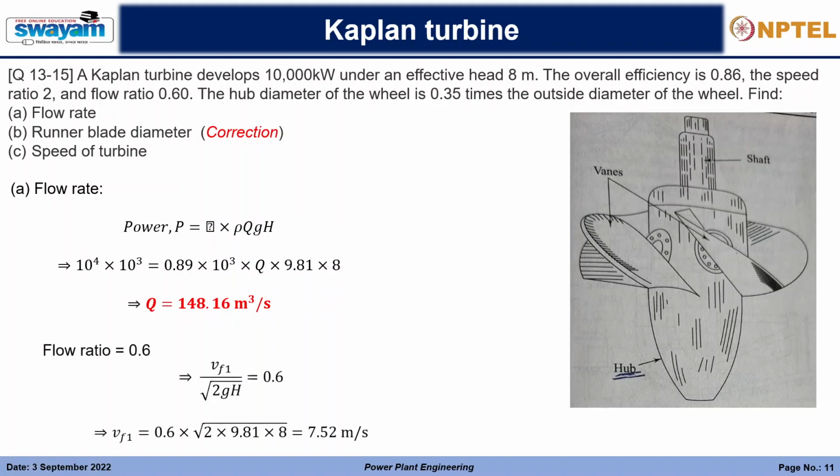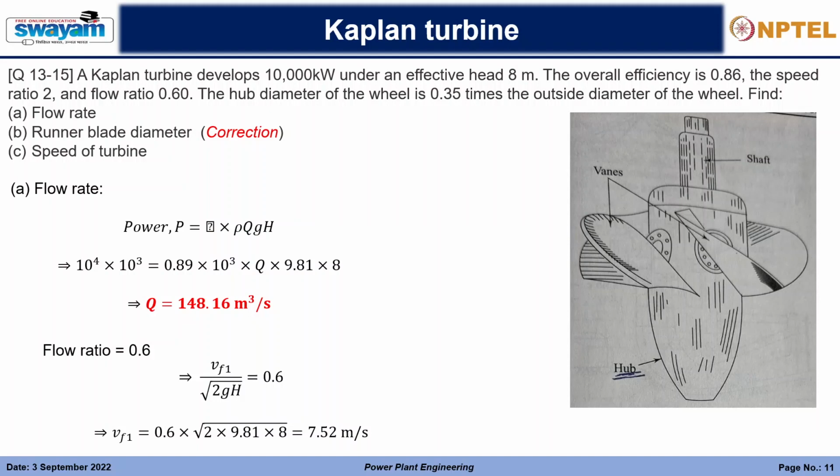Then we are given a flow ratio of 0.6. Flow ratio basically means the velocity of flow divided by the square root of 2gh. If you look at the velocity diagram, there is the velocity of the blades, the velocity of flow, and the absolute velocity.